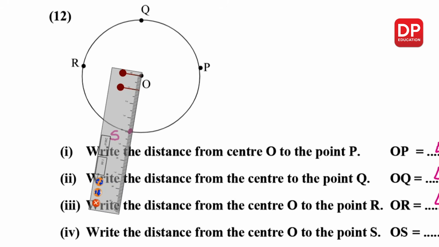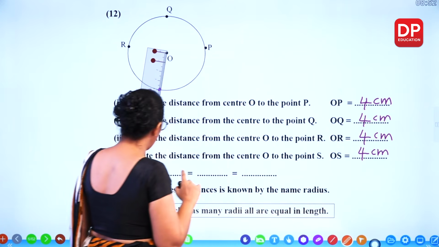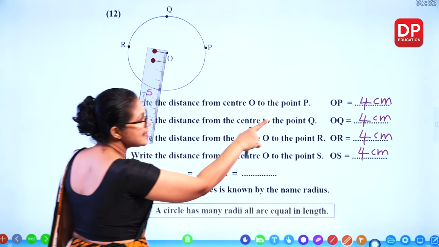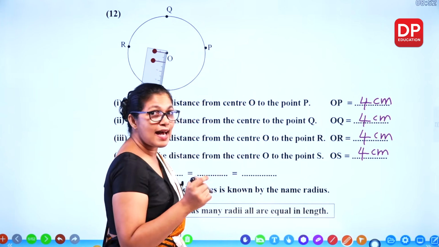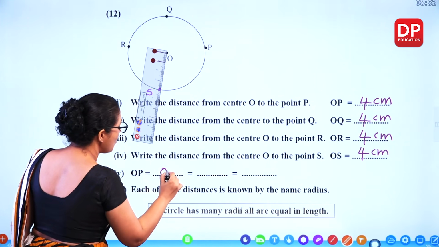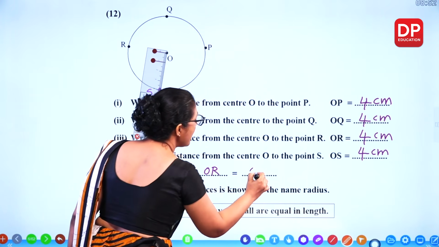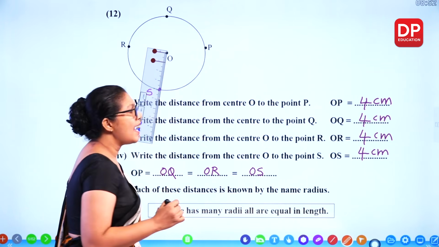That's also 4 centimeters. So we can see all these lengths are equal. So OP, OQ, OR, OS, all these lengths are equal.